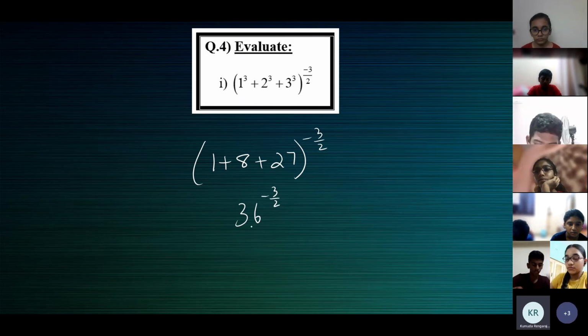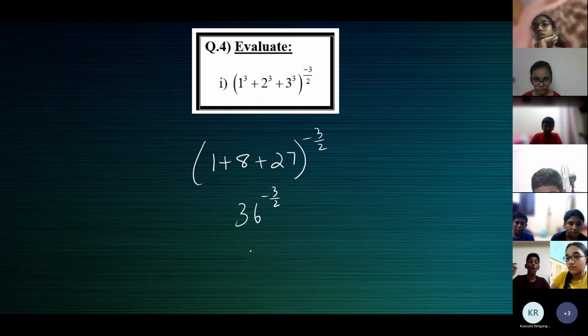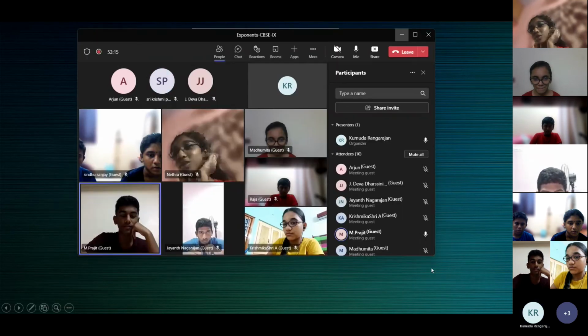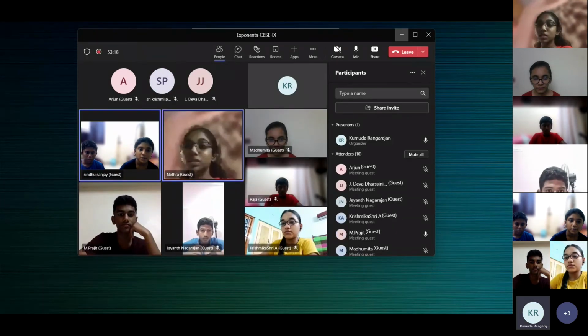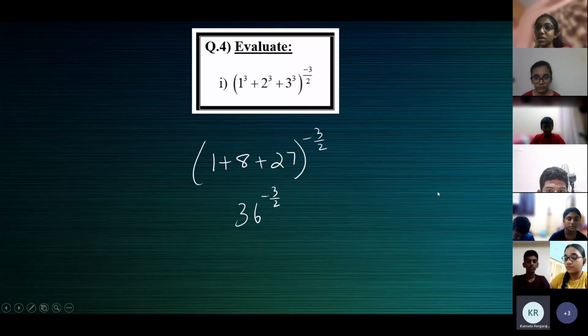And how do you write 36 in the exponential form? 36 in the exponential form, children. 6 to the power 2, ma'am. Just a second, children.